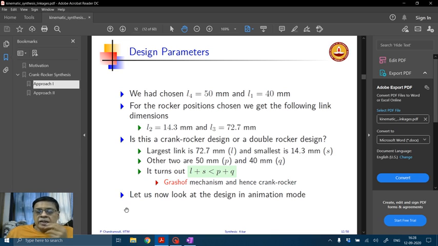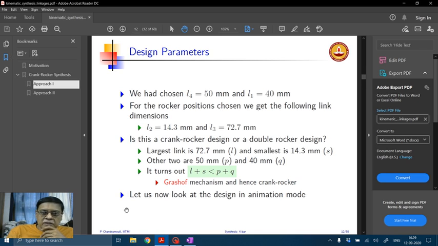Of course, we double check to see that this is a crank rocker design. The largest link is 72.7, which is L, and the smallest is 14.3, which is S. The other two, P and Q, are 50 and 40. If you add them, L plus S is less than P plus Q. And since S is the smallest link and the link next to it is fixed, you get a Grashof mechanism, and of course you can show that it is a crank rocker.